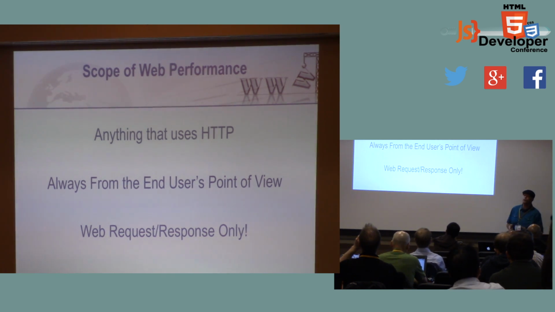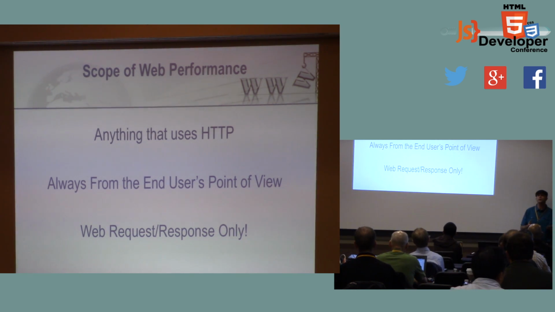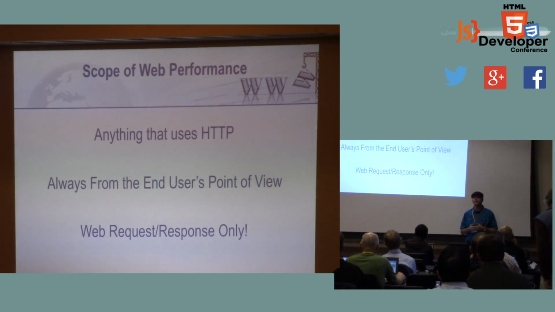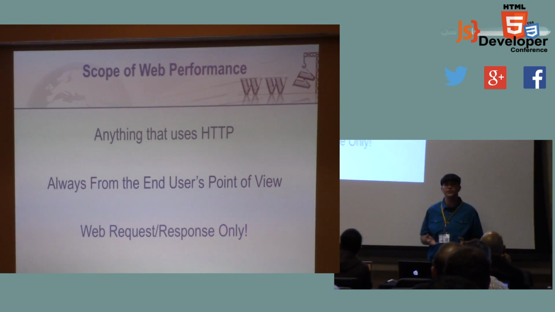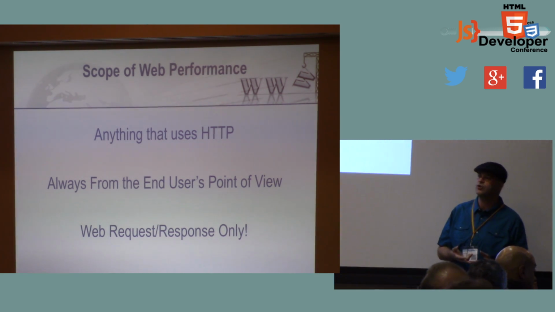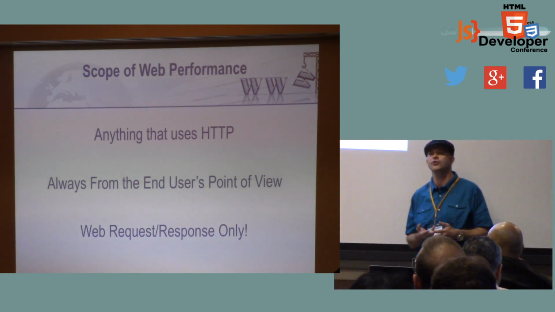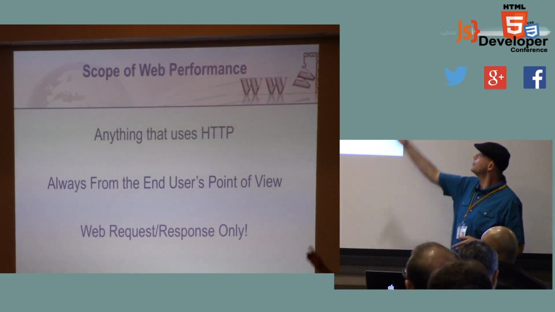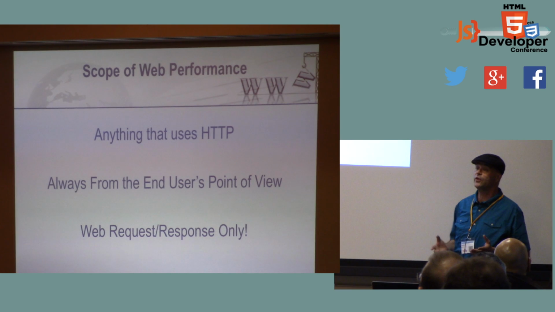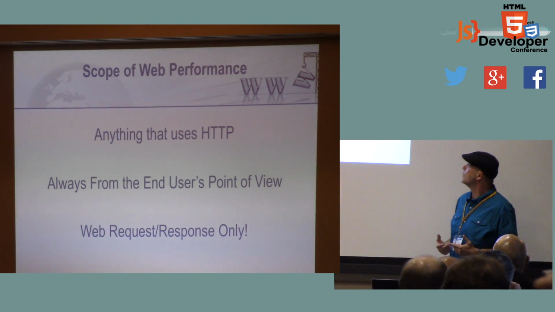So, scope. What is web performance? What's in, what's out? We can't talk about everything. I can't stand here and tell you how to optimize your Oracle queries, how to optimize your Apache config. I can't make your applications run faster on the application side. We're focusing on anything that uses the HTTP protocol, anything that's addressed with a URI, right?